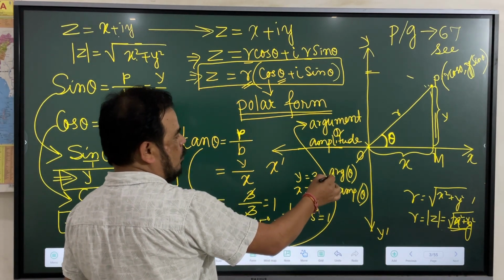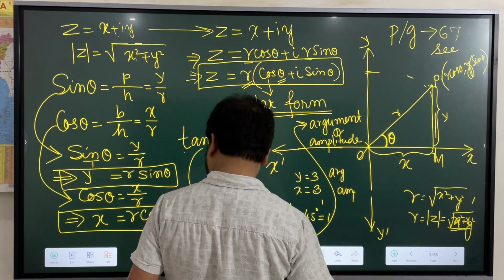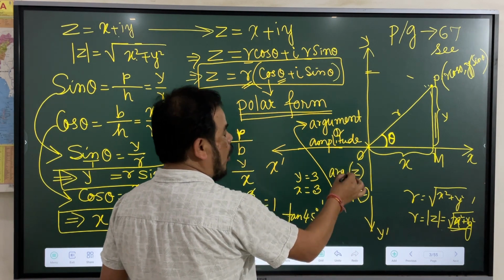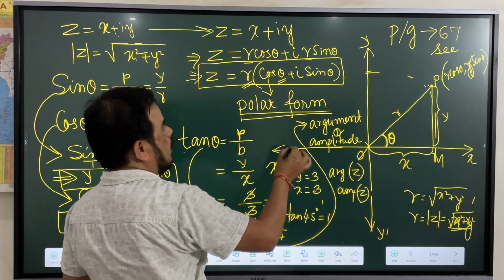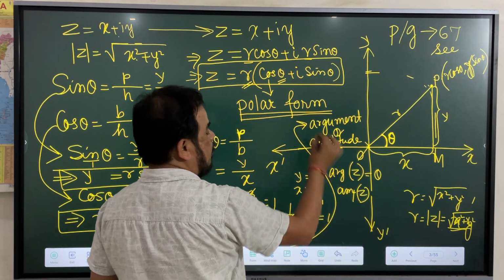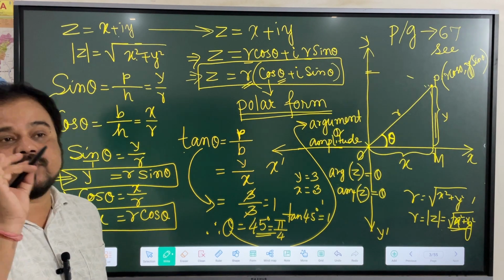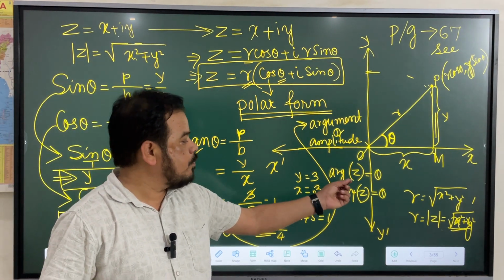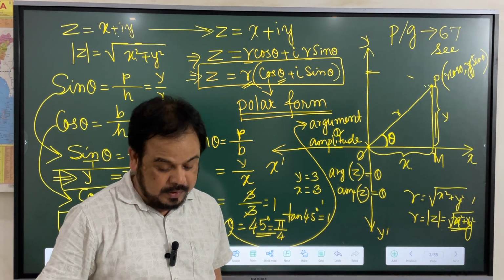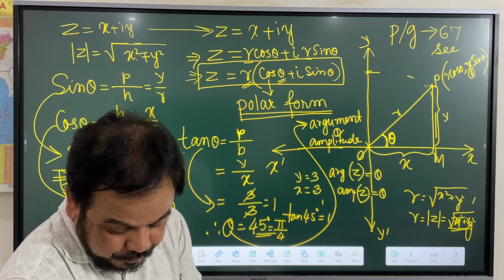Argument of z, sorry, argument of z or argument of the complex number. Argument of this complex number means finding theta. Amplitude of this complex number means finding theta. Argument means you have to find out the value of theta. Amplitude of z, amplitude of the complex number, means you have to find out the value of theta. This is amplitude and argument.